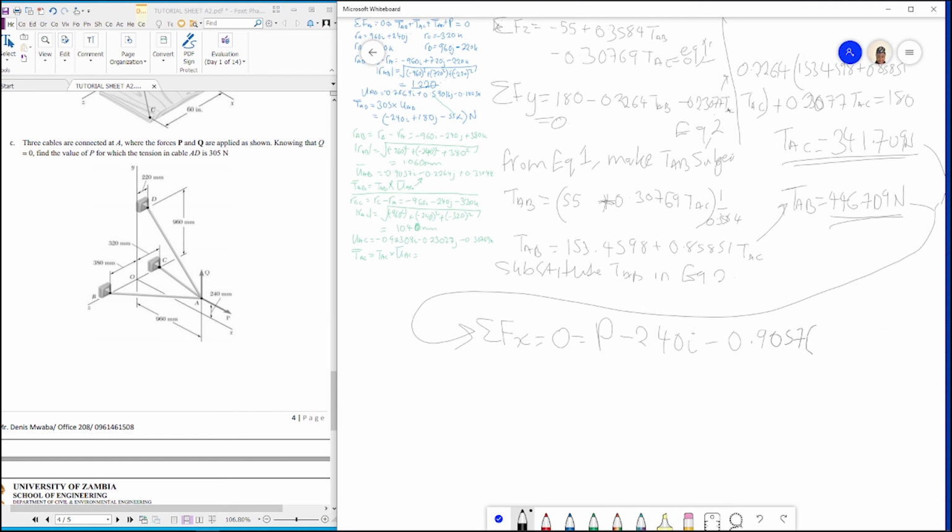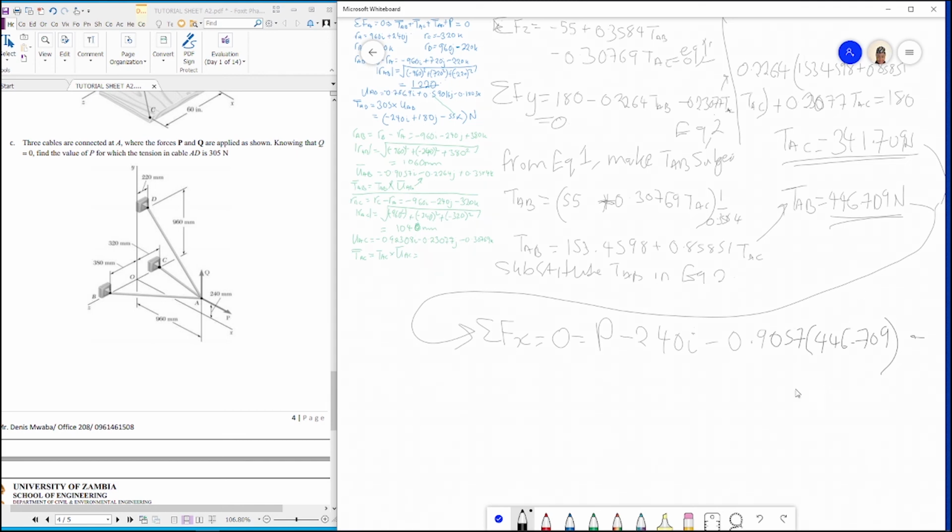This is being multiplied by TAB, which is 446.709, and again you'll find that it will be a minus.